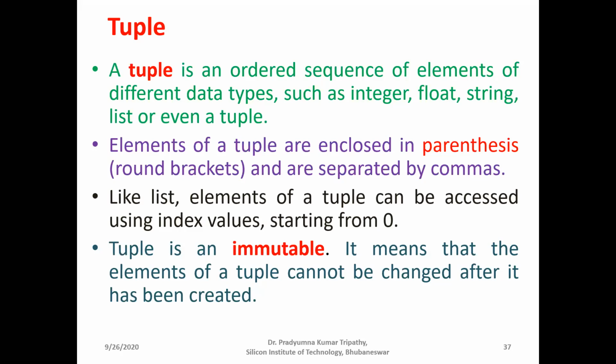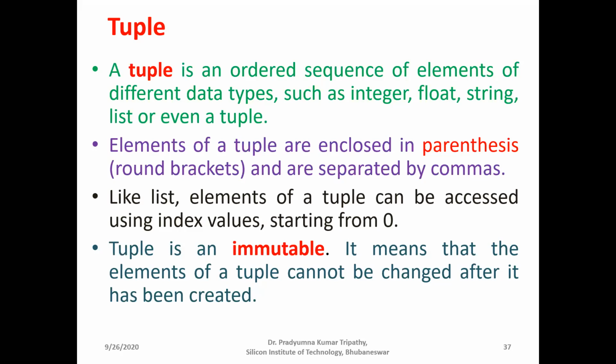Elements of a tuple are enclosed within parentheses, not square brackets, correct? And they are separated by commas. In a list you are separated by commas, and tuple elements are also separated by commas, but they are enclosed by parentheses, unlike your list which is in square brackets.